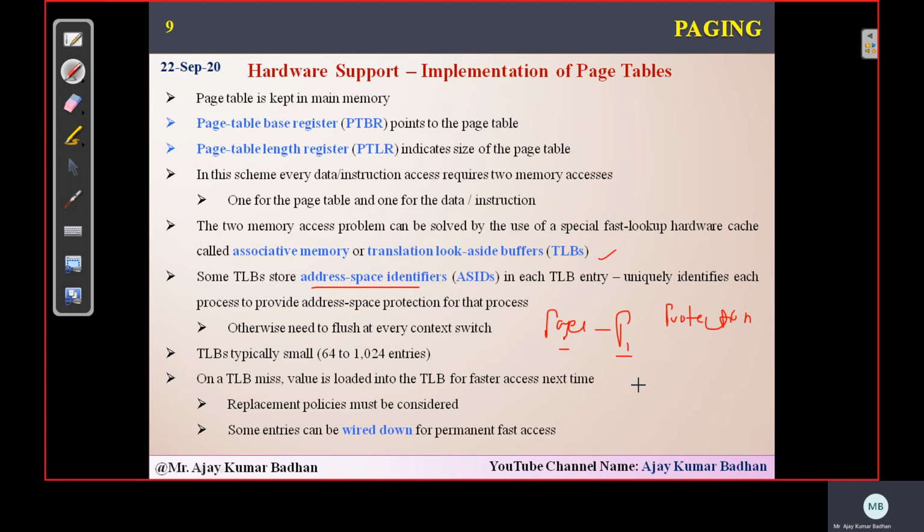Okay, so here multiple processes are there, multiple pages might be there, and they are associated. In order to protect these pages, so this page should not be accessed by P2, we use a terminology called address space identifier. This is what we use for memory protection, making sure another process is not trying to access the next process's pages.